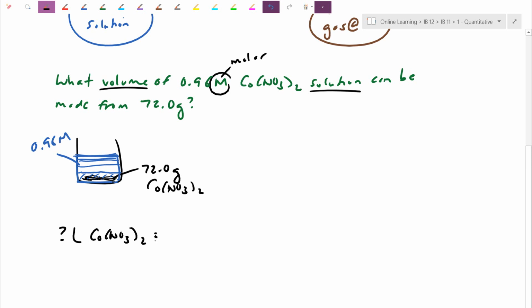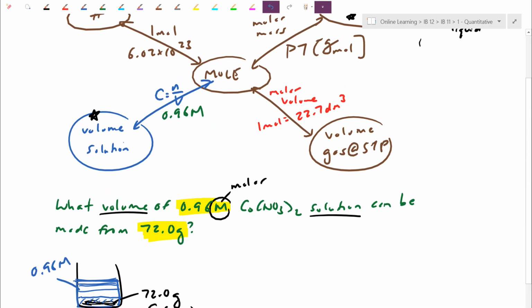Again, these solution questions are always a little bit more challenging to start off with because they always give you two numbers. If you look back at all the conversions so far with molar volume and Avogadro's number, they only had one number. It was like, I have this number of particles, how many moles? I have this number of moles, what's the volume of gas? In this case for solution chemistry, they always need to give you two numbers. From the diagram, we see why that is.